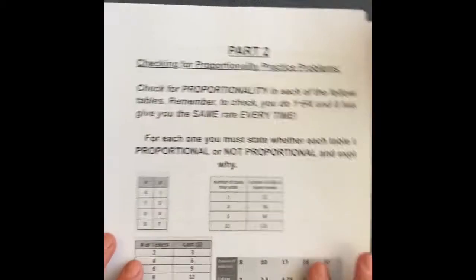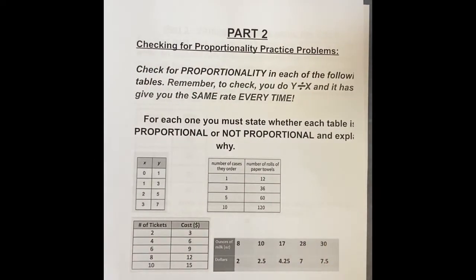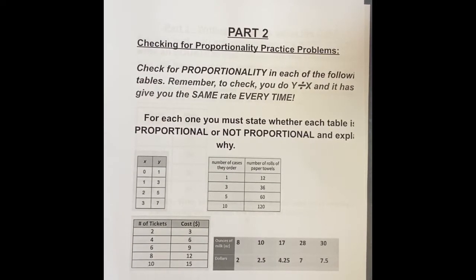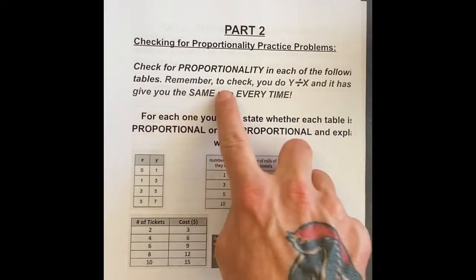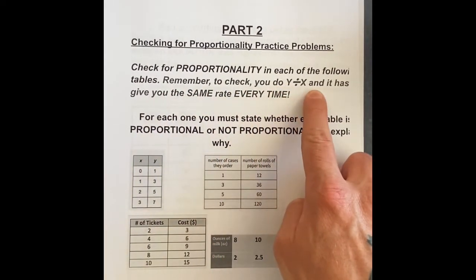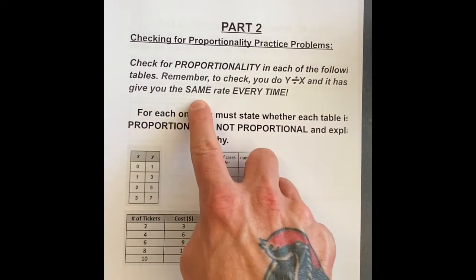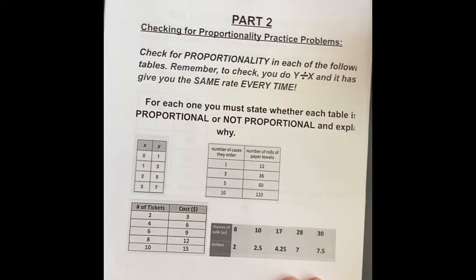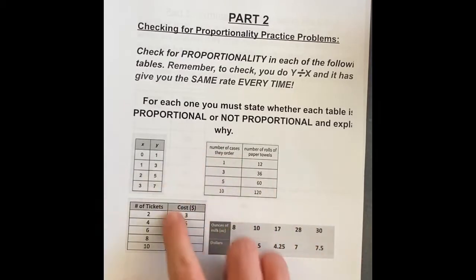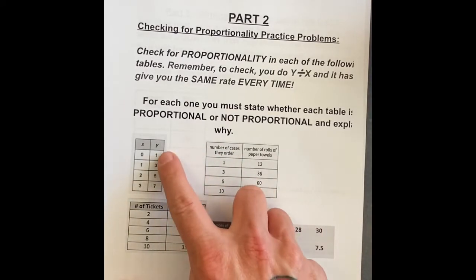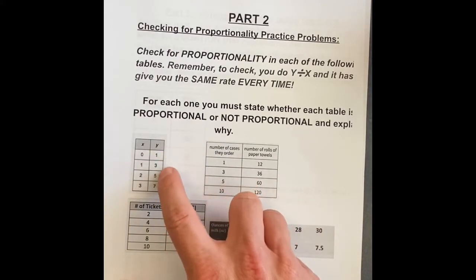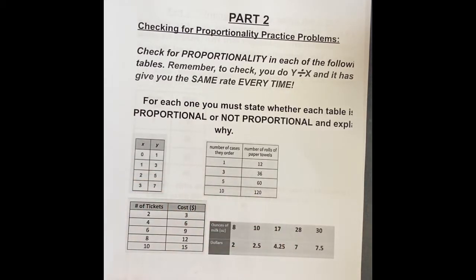You're back. Okay, part 2, checking for proportionality in tables. So in each of these tables, you are going to check for proportionality. Remember, to check, we do y divided by x, and it has to give us the same rate every time in order to be proportional. So in each of these tables, you need to do y divided by x and check for proportionality.